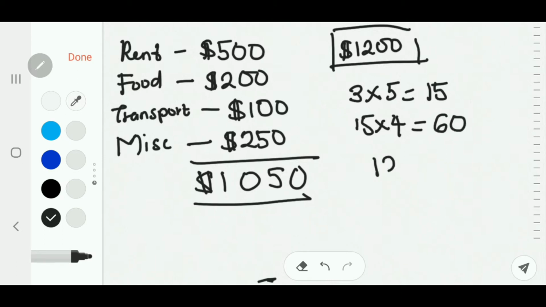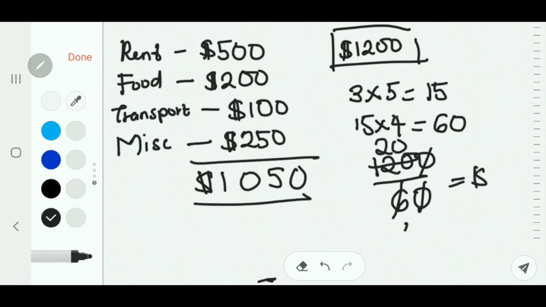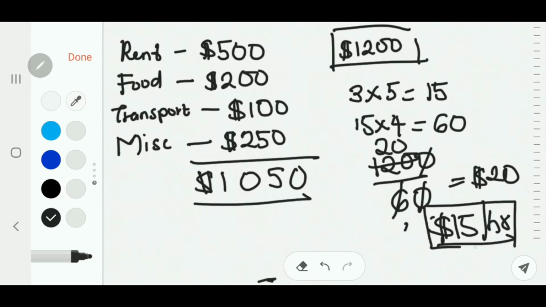So I was able to divide that by 60, and what we have here ended up being $20 per hour. But guess what? I couldn't charge $20 per hour. I was too scared. I was too chicken. So what I ended up with was $15 per hour. And that's where I started from, and it worked for me.